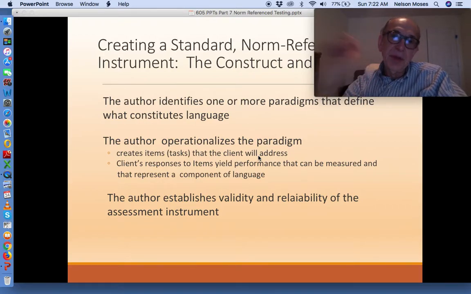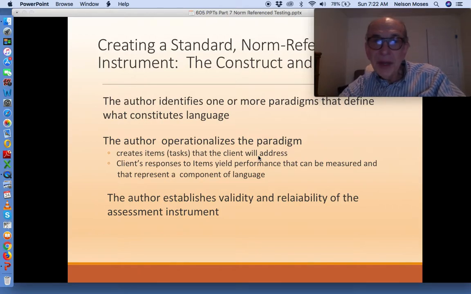If you're giving a particular subtest, does item number 1 measure the same kind of thing that, say, item number 3 measures, or item number 29? That's consistency too.